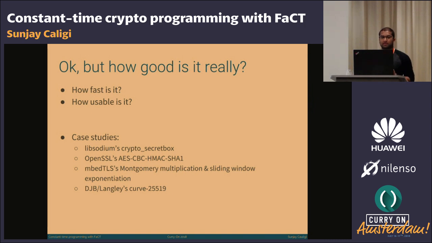So we have libsodium crypto secret box, which is authenticated encryption. We did the decryption path from the OpenSSL TLS mode. That's the same decryption path that I showed you the examples from that had all of the timing attacks in OpenSSL. And we also ported Montgomery multiplication from Mbed TLS and a Curve 25519 implementation.